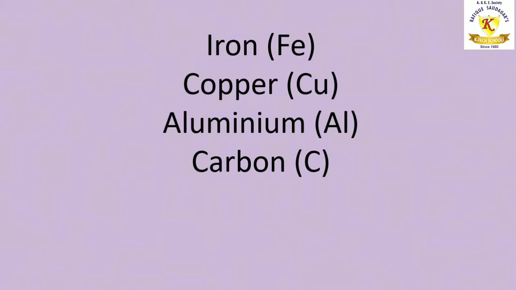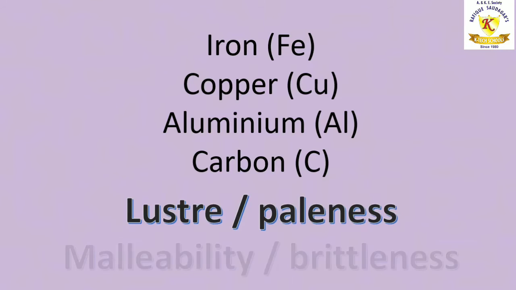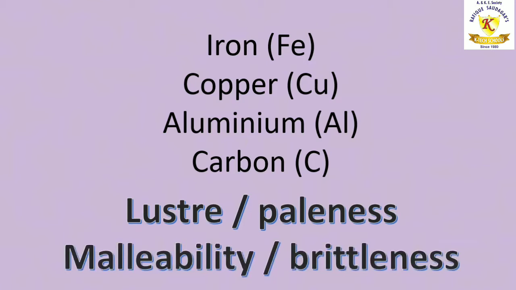You notice that elements have different physical properties like luster or dullness, malleability or brittleness. Here luster means the glow of the surface of the element, and dullness means the brightness is not very high.